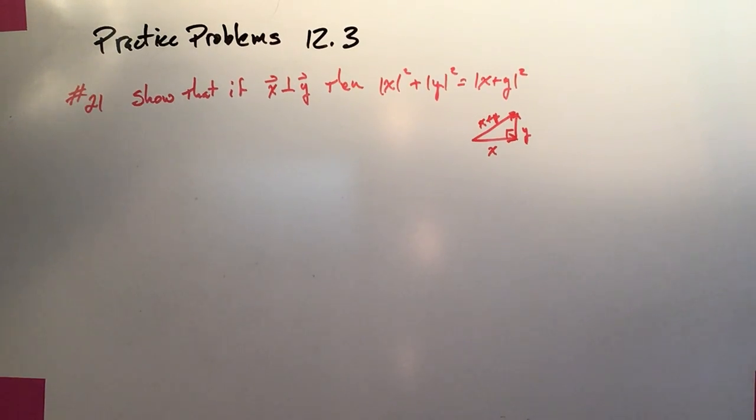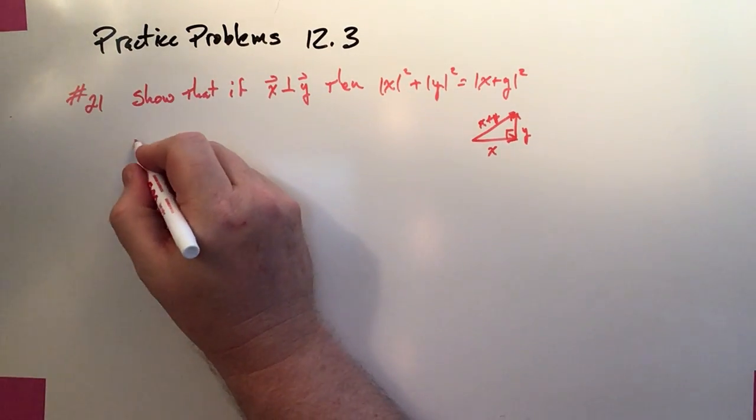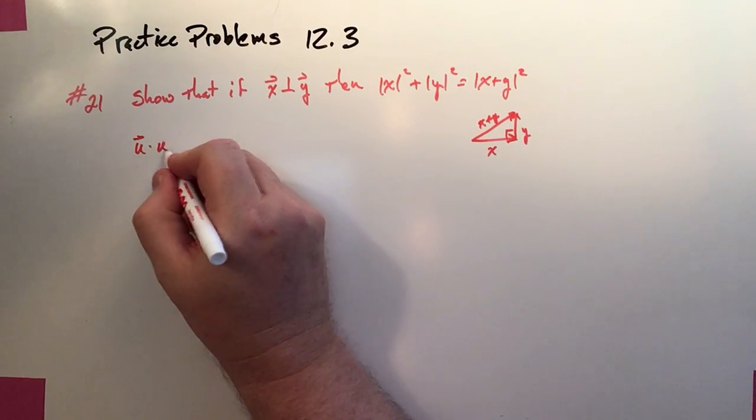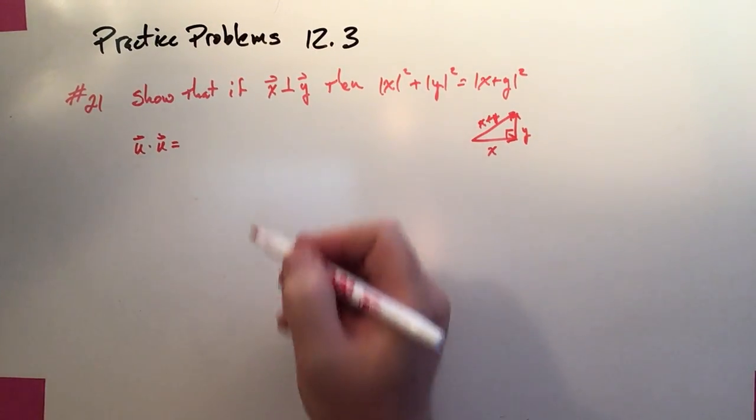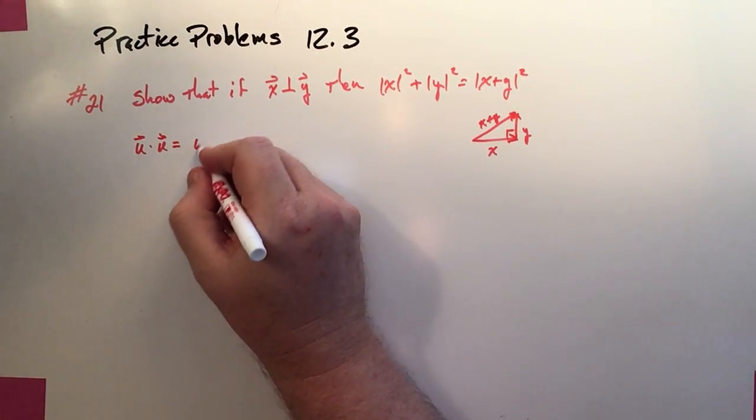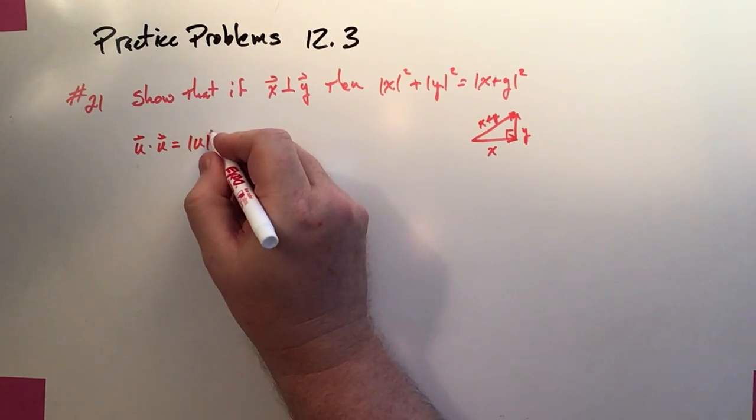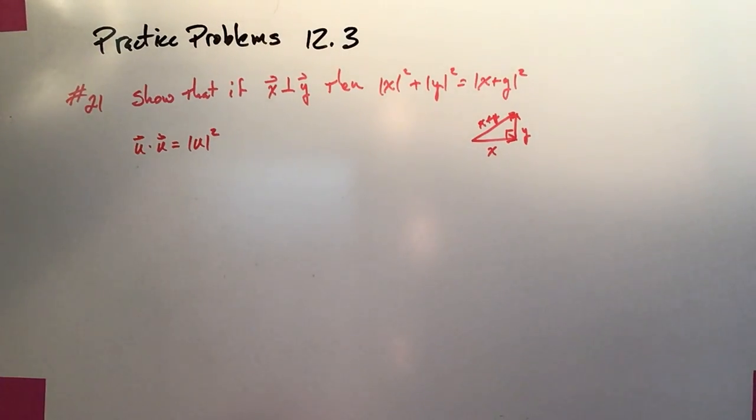They ask us to use theorem 12.3.5, which is a multi-part theorem. We're not going to need all parts of it, but there are two parts we're going to use. Any vector that's dotted with itself is basically like squaring the magnitude. So we're just going to get the magnitude of the vector squared if we take the dot product of a vector with itself.